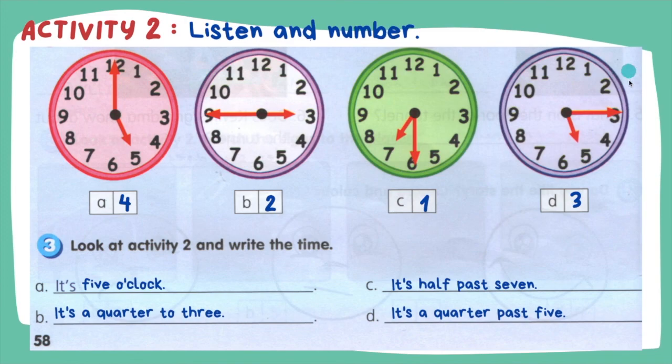If the big arm is pointing at here until here, we use the word past. Look at C. It's 7:30. Pukul 7:30. Look at D. It's 5:15. 5 suku. Okay?